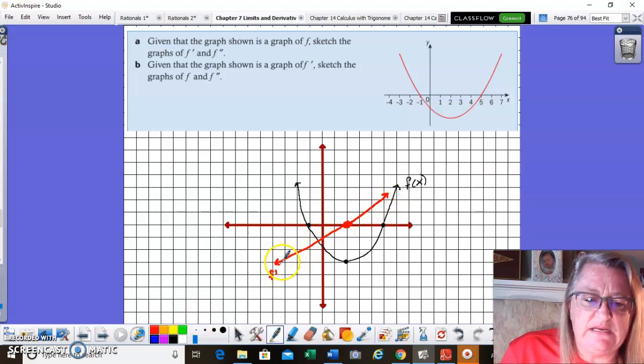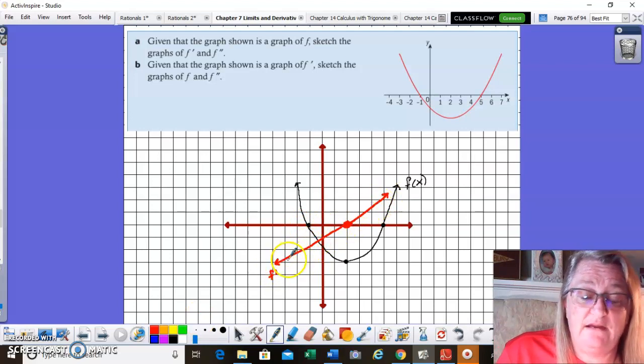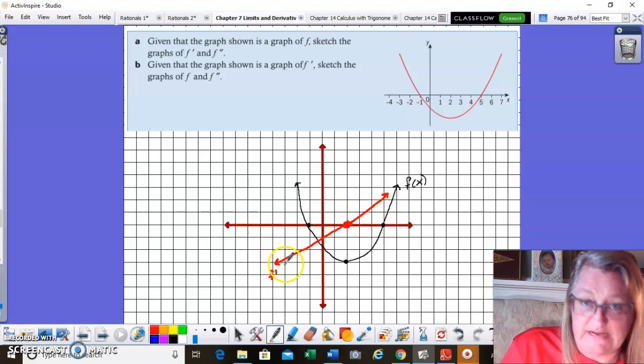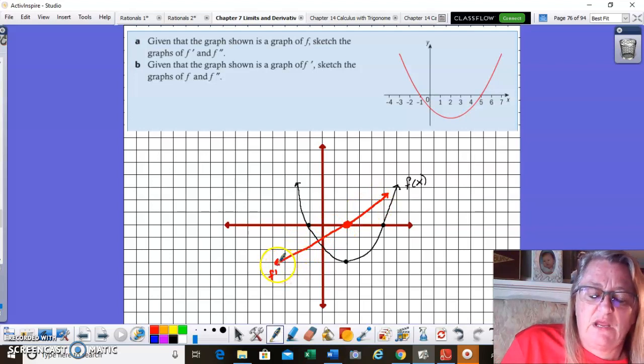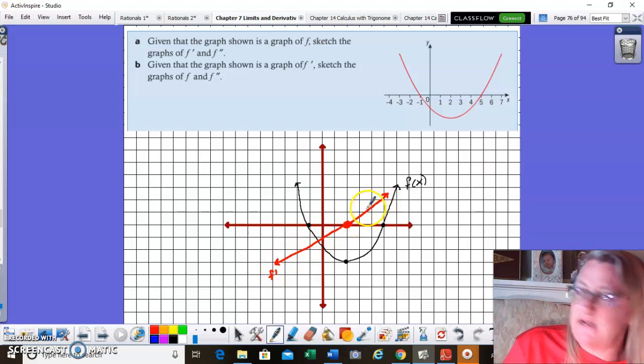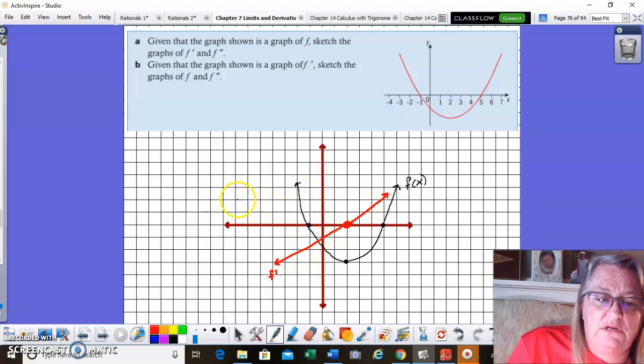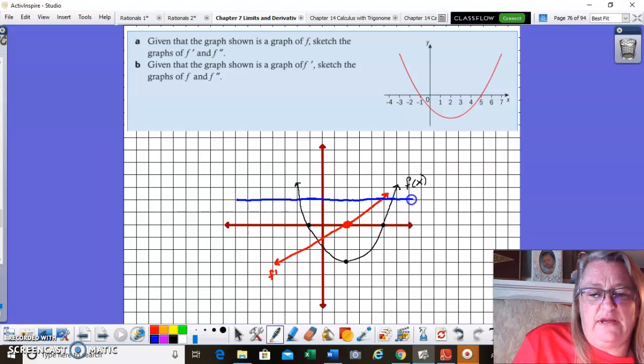So what that's telling me is the derivative of this red line, which is the second derivative, doesn't have any x-intercepts because it never actually has a slope that's 0. Its slope is always positive. So I can put a horizontal line up here indicating that this is the second derivative, and it's always positive.